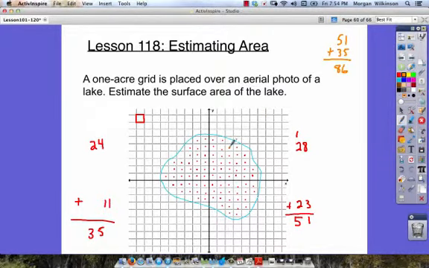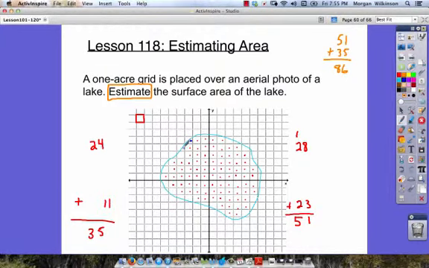Now we need to estimate how many half acres we have. And for each piece that's left, since we're only estimating, we're only going to assume that each piece left is a half. So let's use a different color. Let's use our blue. So each piece that we get in blue is a half.